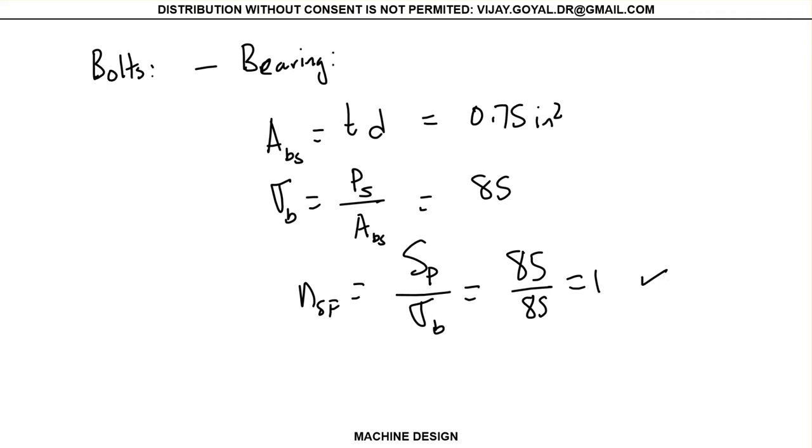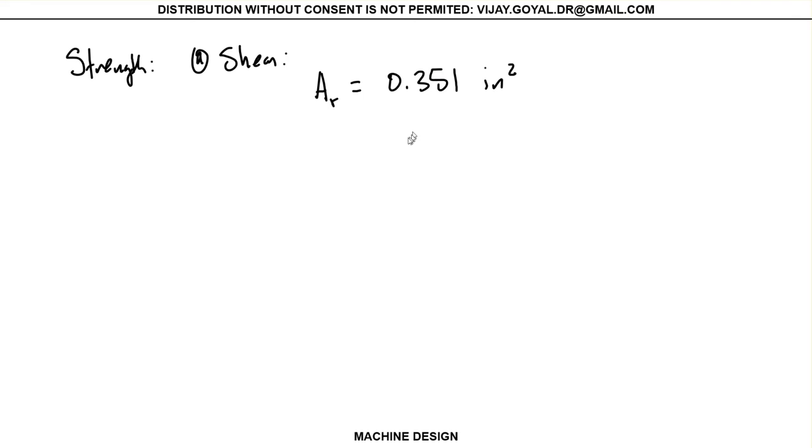So this is the bearing check. Now we want to look at the strength. For strength, we will do shear first. There's no information on whether the bolt threads go into the members or not. I don't have the info. Since I don't have the info, I'm going to take the conservative approach and assume that my threads do go into the members.